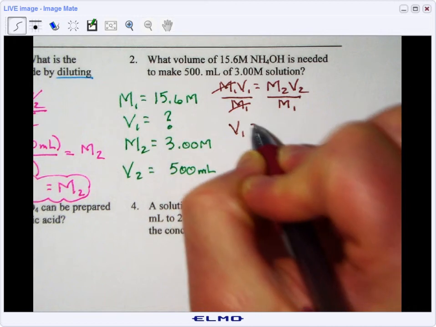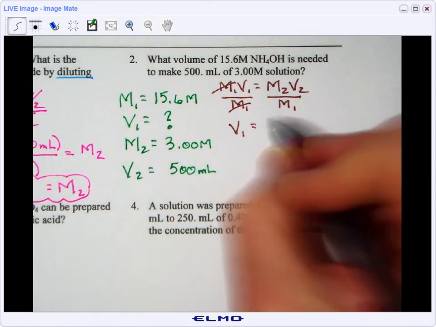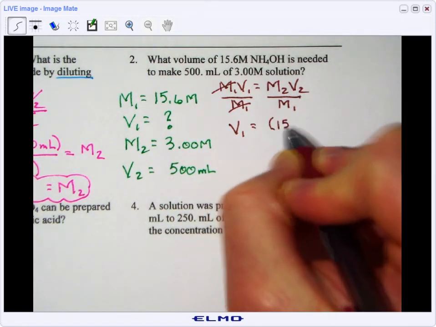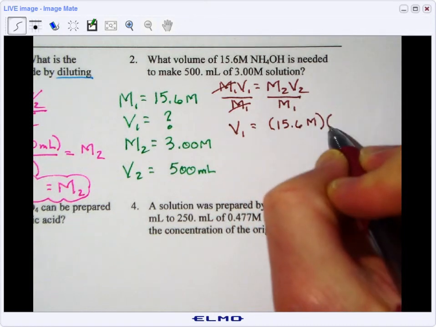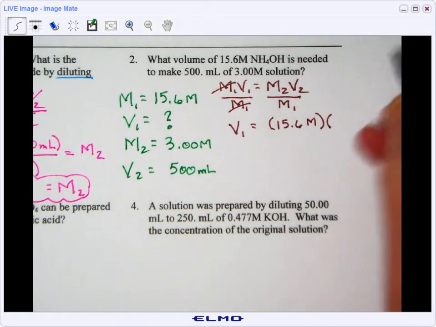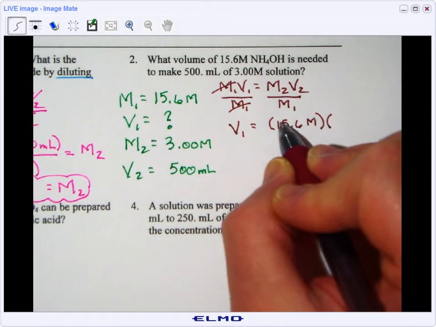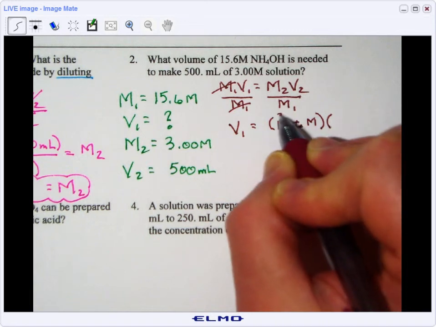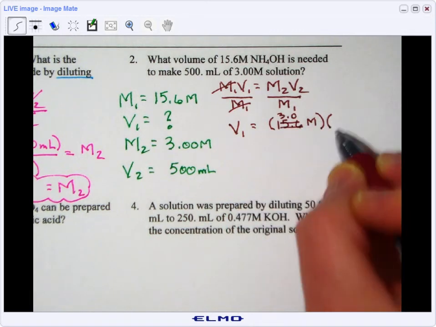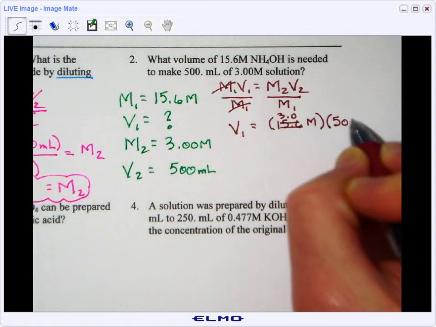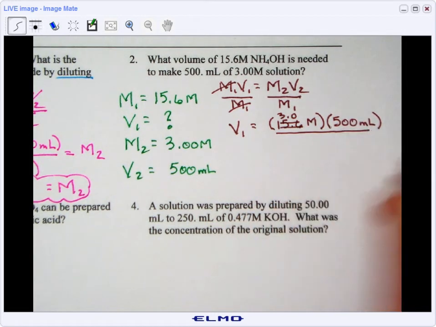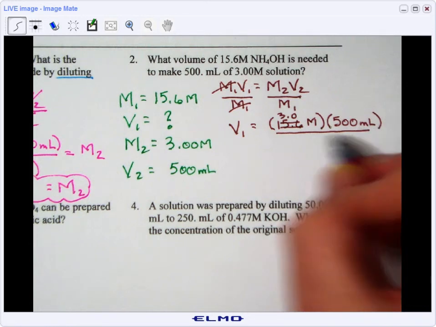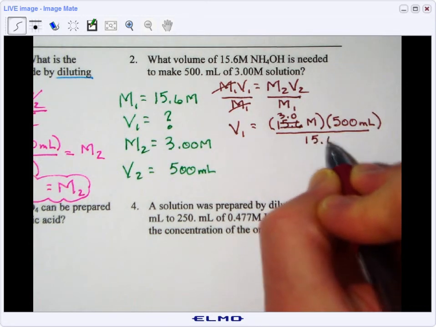So V1 equals 15.6 times, I just messed up, didn't I? 3.0 times my 500 divided by 15.6.